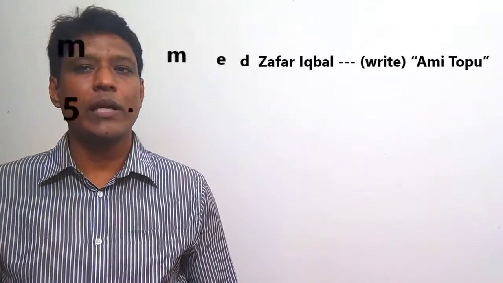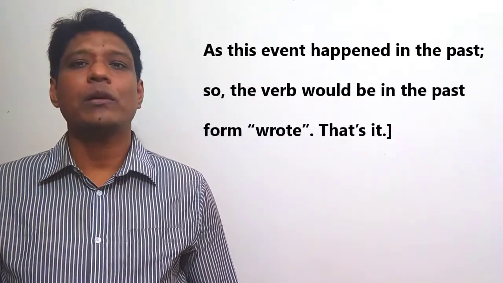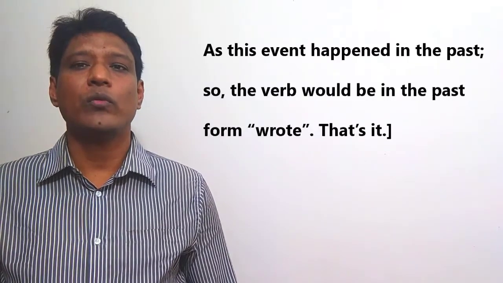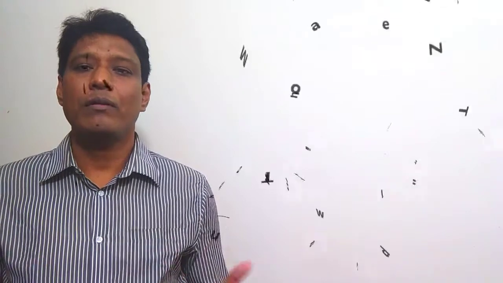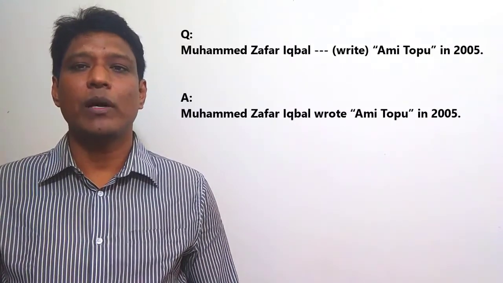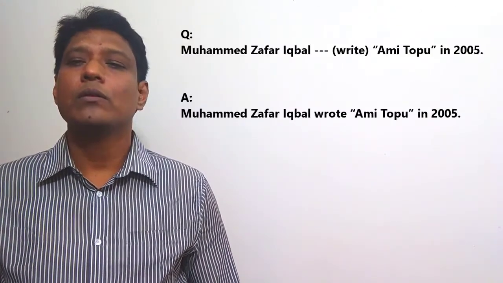For example, Muhammad Zafar Iqbal (write) Ami Topu, a book, in 2005. As this event happened in the past, the verb would be in the past form, wrote. So the correct answer is Muhammad Zafar Iqbal wrote Ami Topu in 2005.